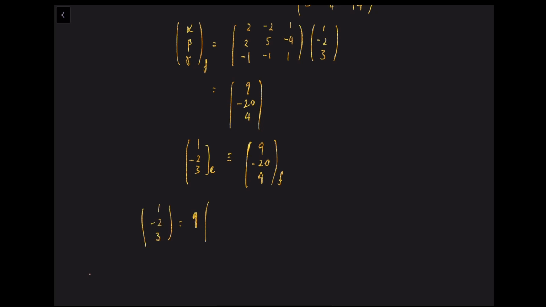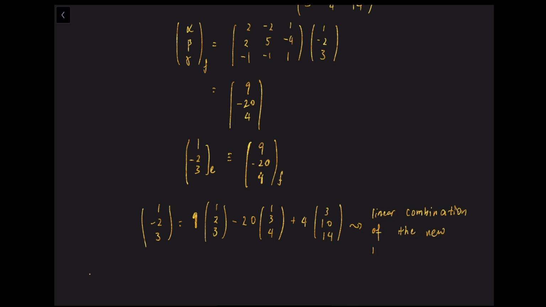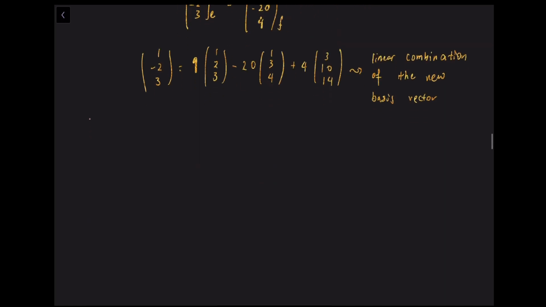Note that (1, -2, 3) equals 9 times (1, 2, 3) minus 20 times (1, 3, 4) plus 4 times (3, 10, 14), which is a linear combination of the basis vectors forming the new basis. If we form a matrix P which has columns corresponding to the new basis vectors in order, then P has columns (1, 2, 3), (1, 3, 4) and (3, 10, 14).